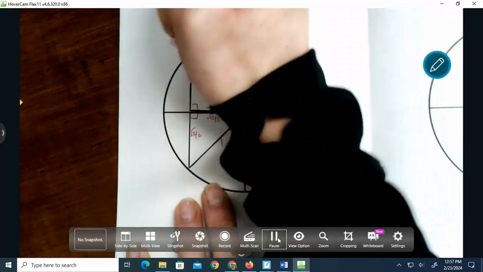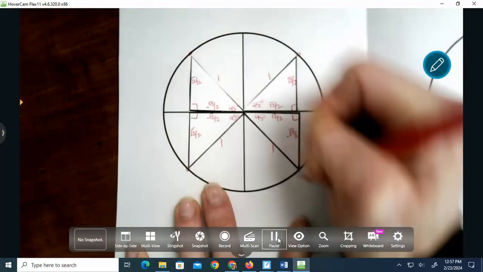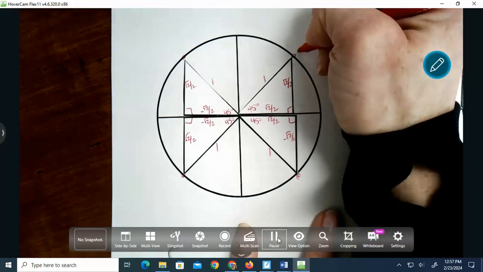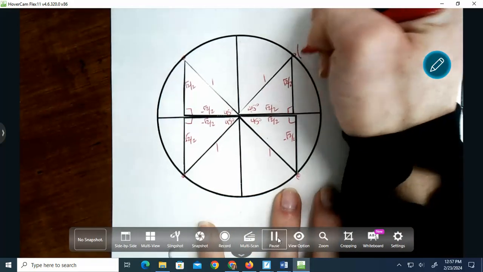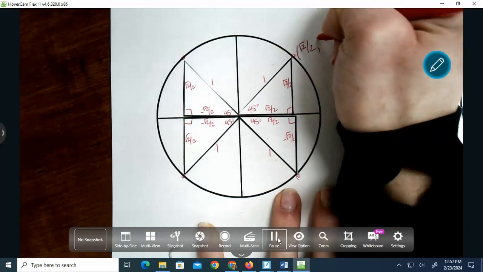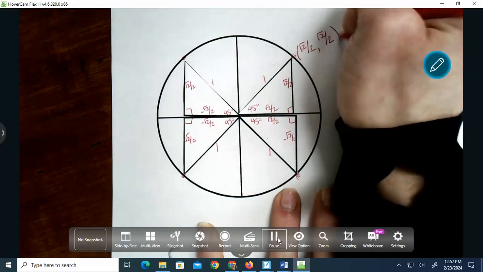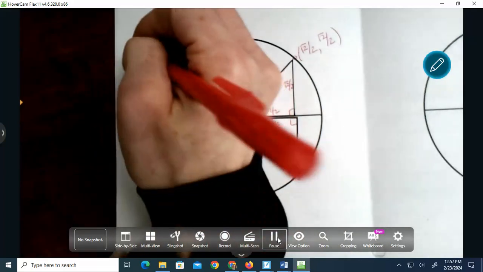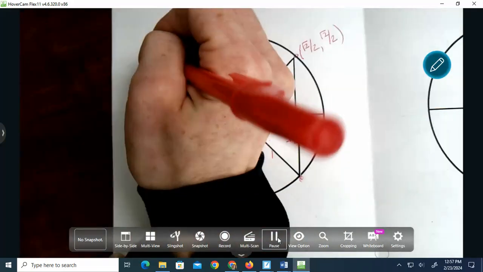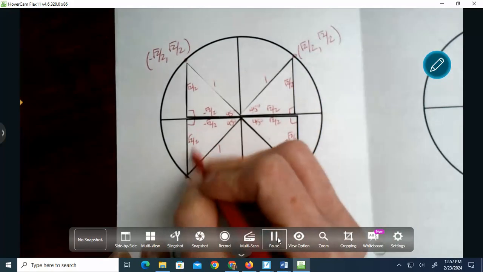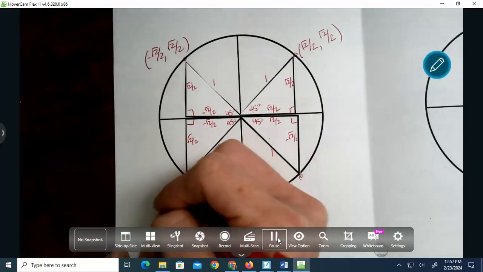So if I want these 4 points as I'm moving about my circle, this ordered pair, the x is radical 2 over 2, and the y is radical 2 over 2. If I go this way, my x is negative radical 2 over 2, and my y is positive. If I come down here, they're both negative.